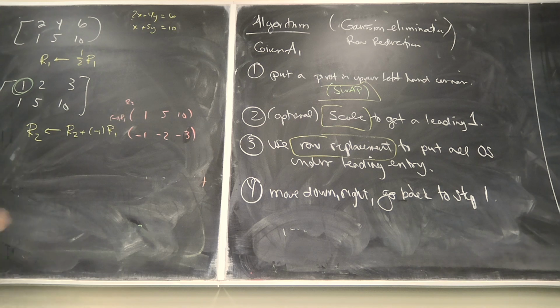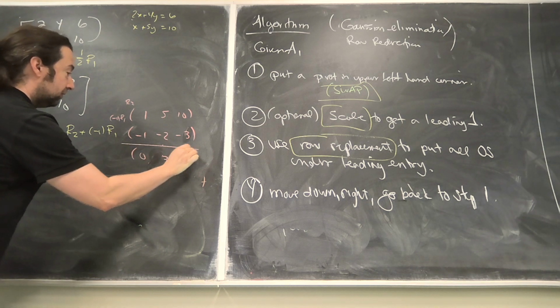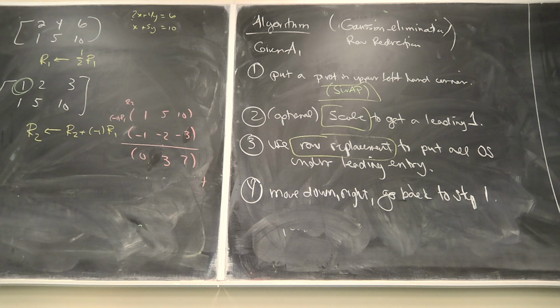If you add those, you get 0, 3, 7. So that would give us 1, 2, 3, 0, 3, 7. And now we've done step 3. That pivot has nothing but zeros underneath it. Move down and to the right and start again.